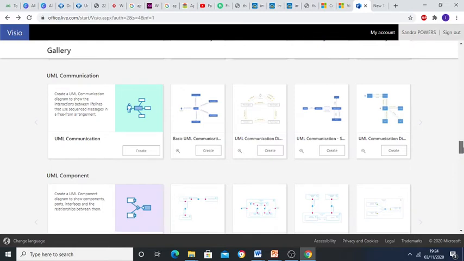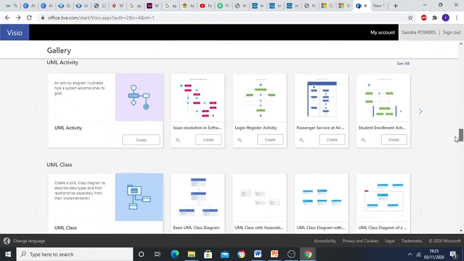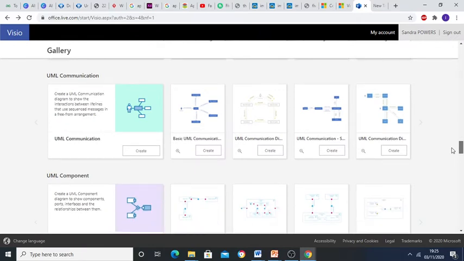All of these are different UML diagram types. As I told you earlier, there are 13 different diagrams that UML has, and use case diagrams are one of the 13.